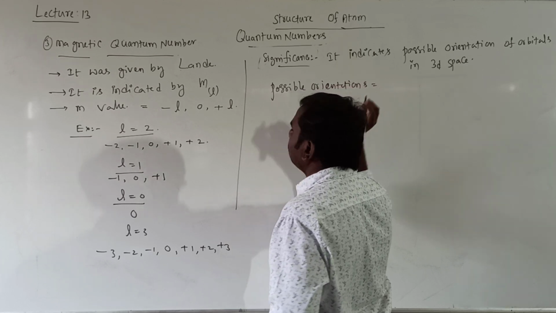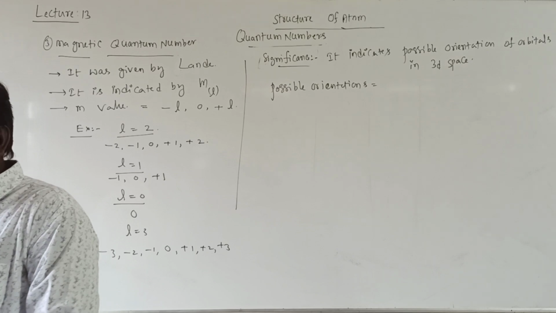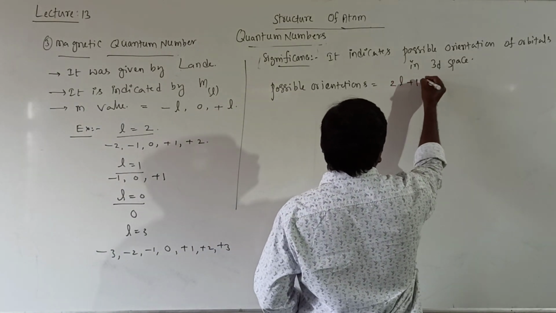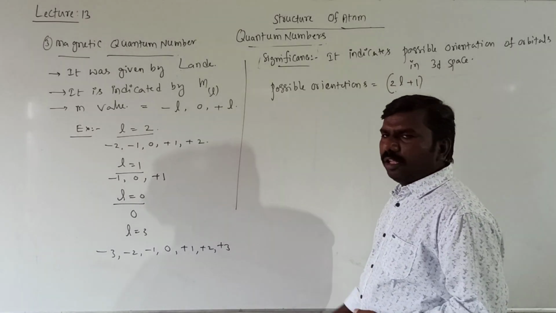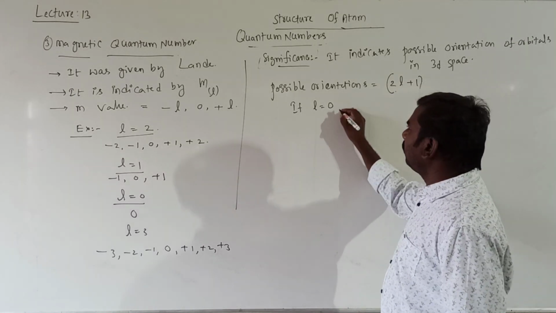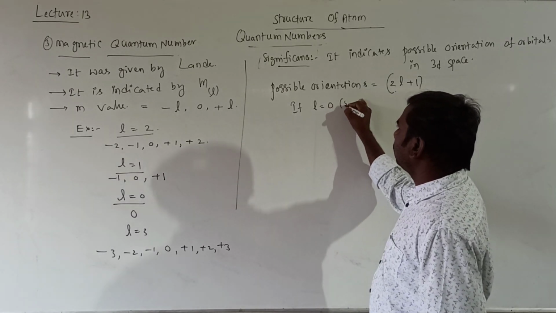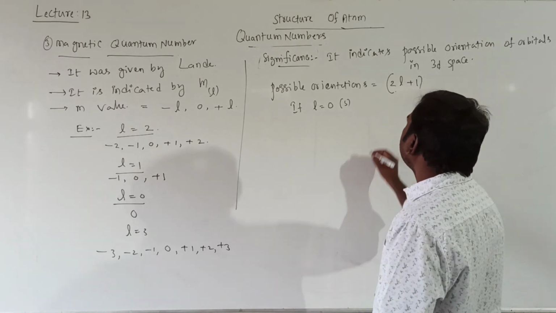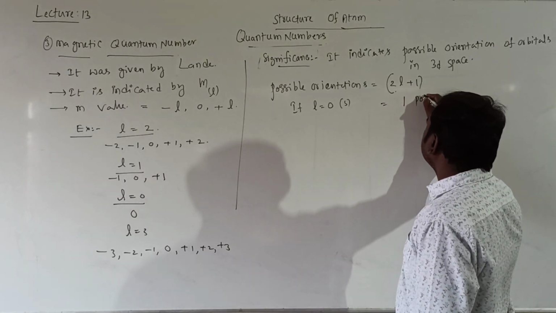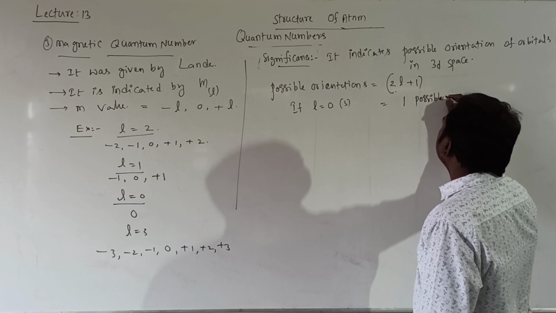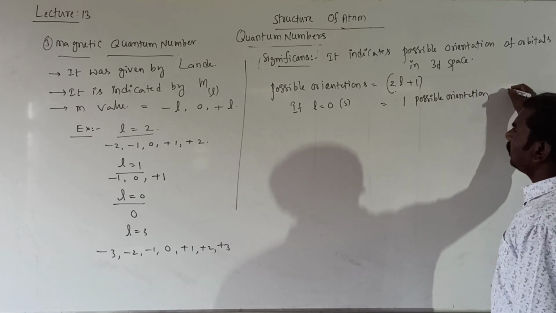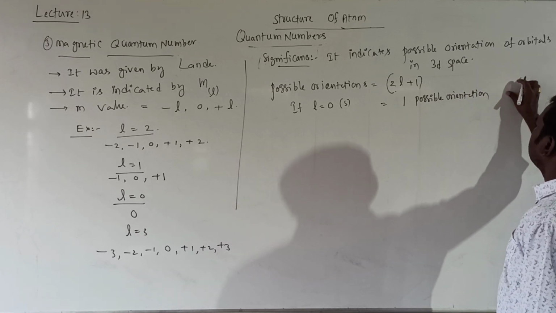The formula is 2l plus 1 values. If l equal to 0, that is s, then 2 into 0 plus 1, that is one possible orientation. One possible orientation. It means that is only yes.